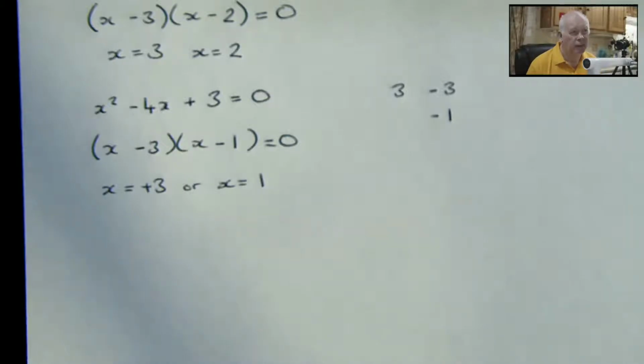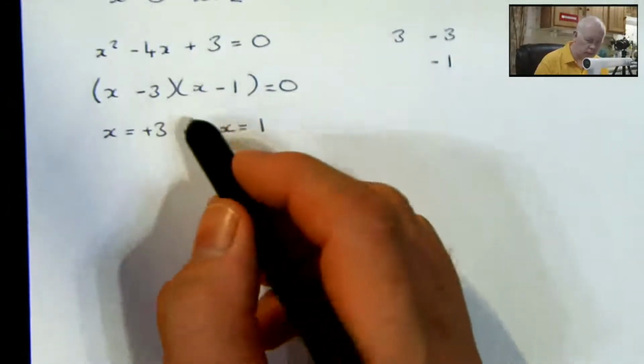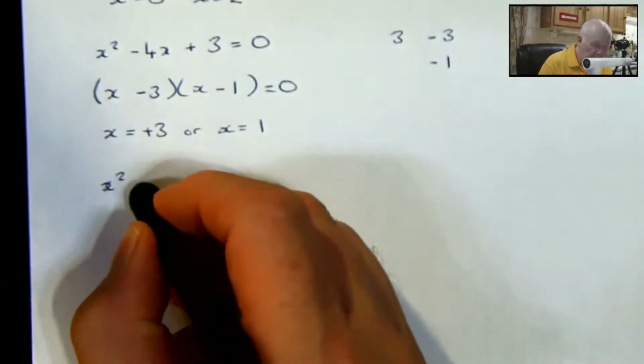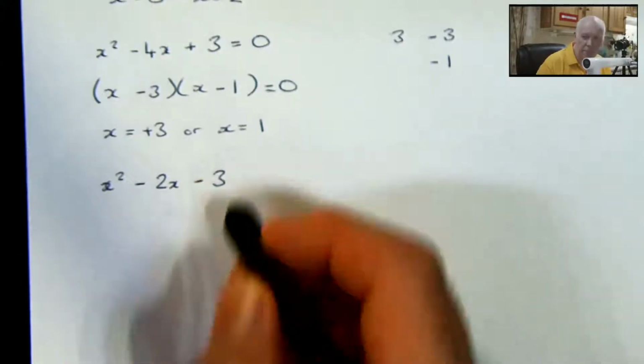Now, let's make this a little bit more difficult. I'm going to generate a very simple and very similar quadratic to this. So let's have x squared minus 2x minus 3.